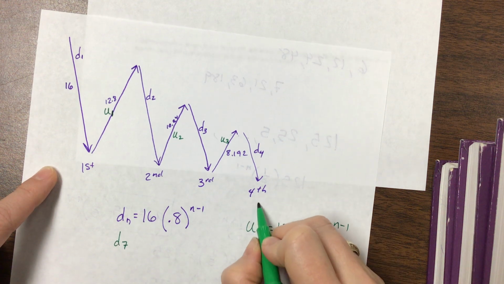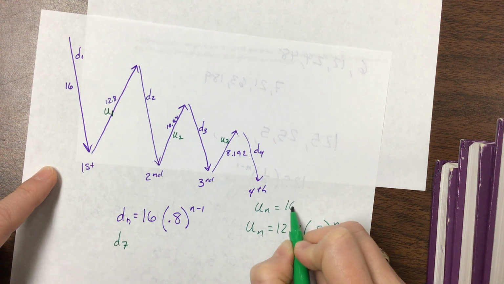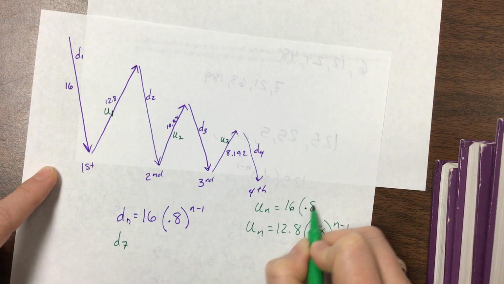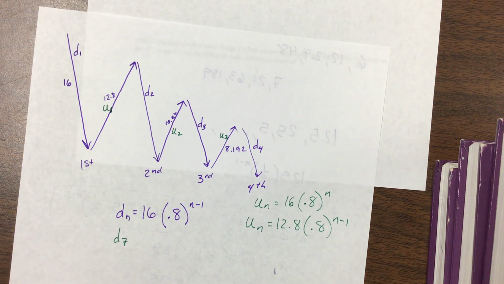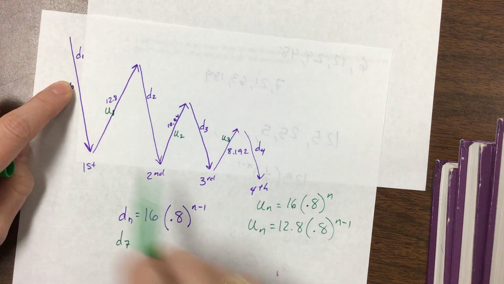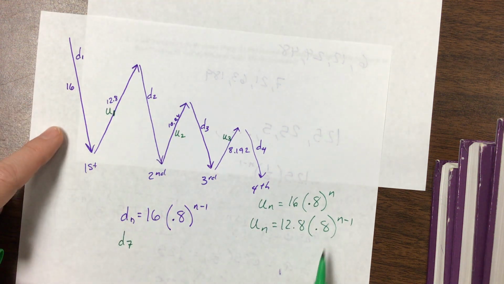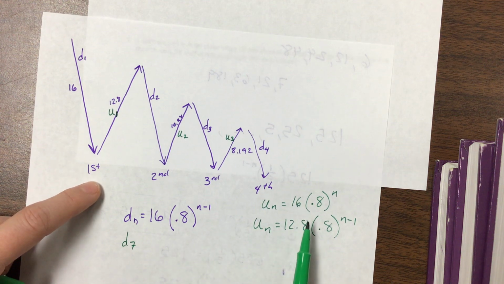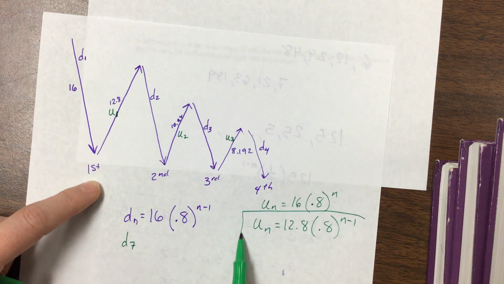Or I could say U sub n is equal to 16 times 0.8 to just the n. So what it's doing is that first downward motion. Let's use this equation because that makes a little more sense.